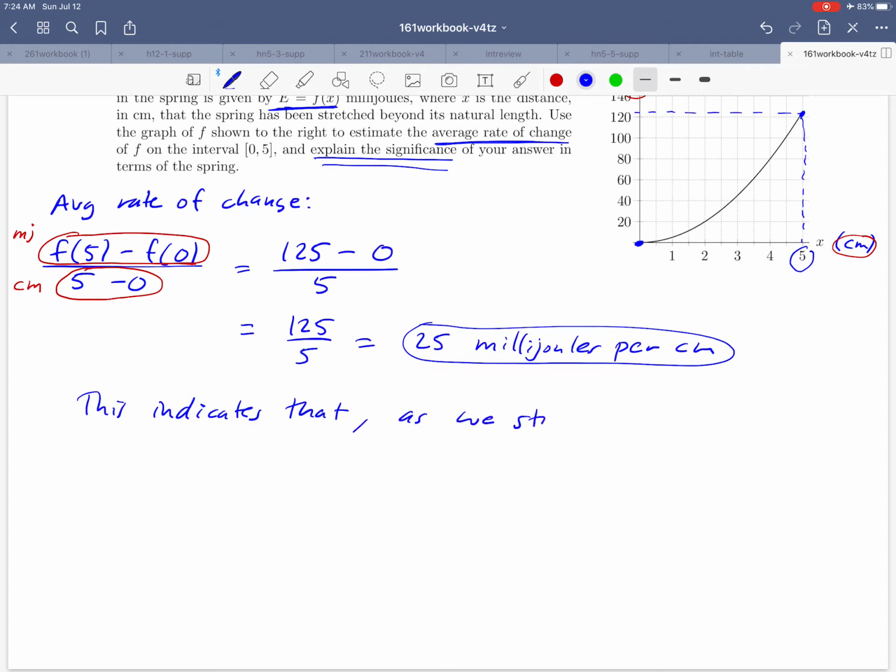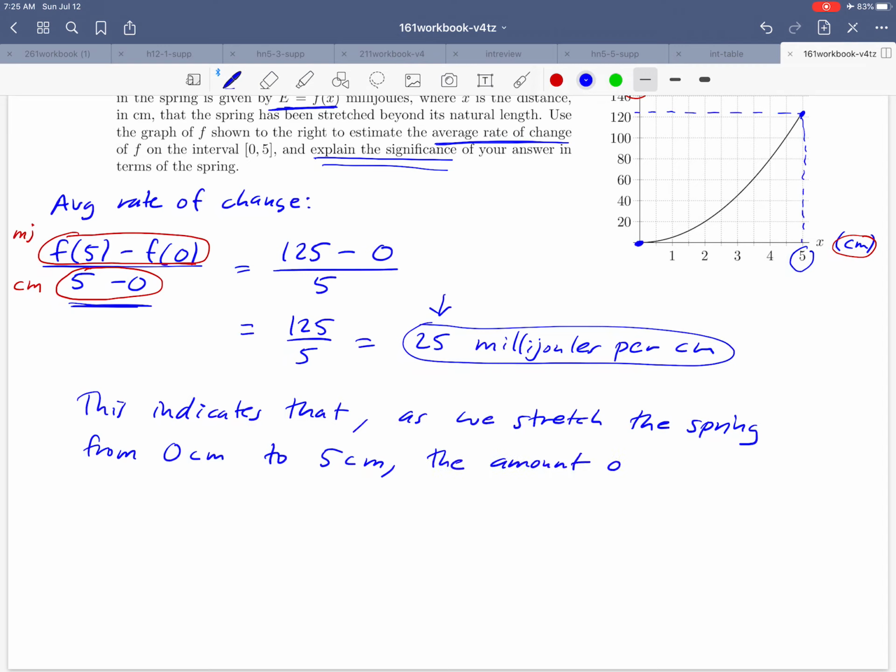As we stretch the spring, and notice that we stretched it over this interval from 0 centimeters to 5 centimeters, we're getting an average rate of increase of energy stored in the spring of 25 millijoules per centimeter. So we could maybe say it like this.